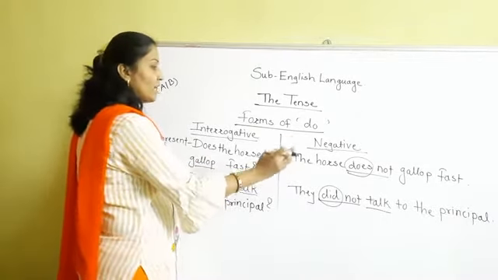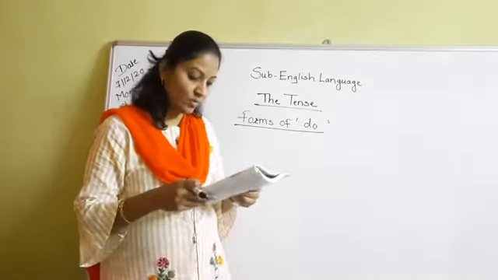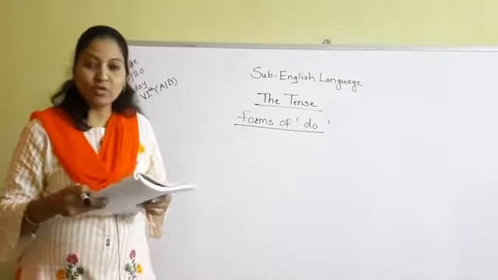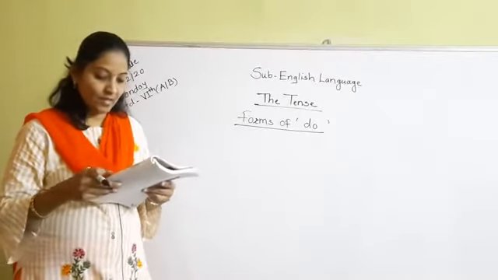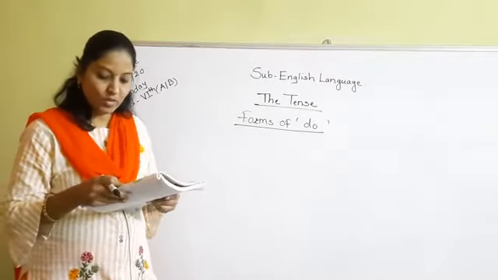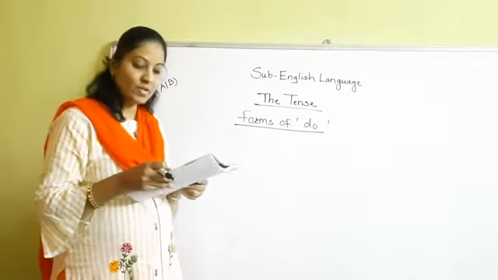Now the last rule that we are going to see. Now students, see this rule: when using do in the interrogative sentence, we put the appropriate form of do before the subject of the sentence, and then the original form of the main verb.